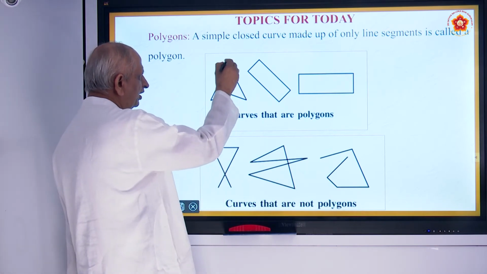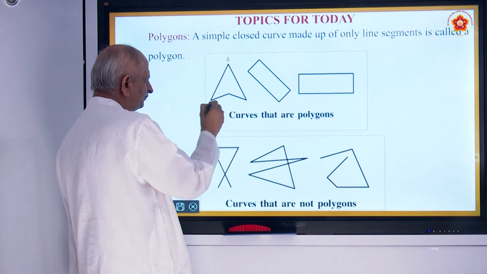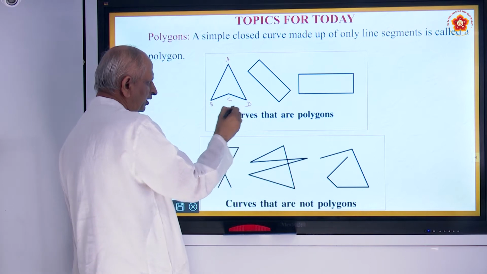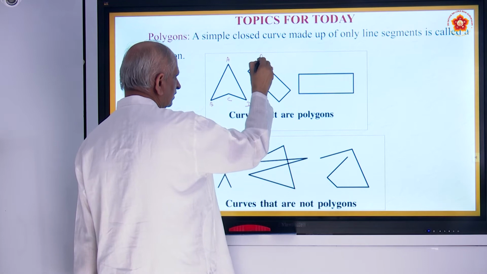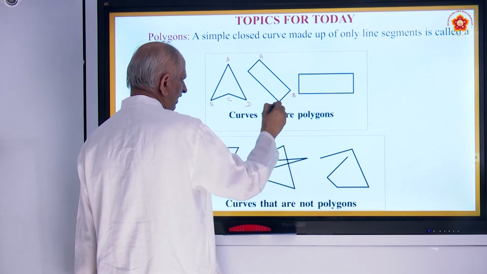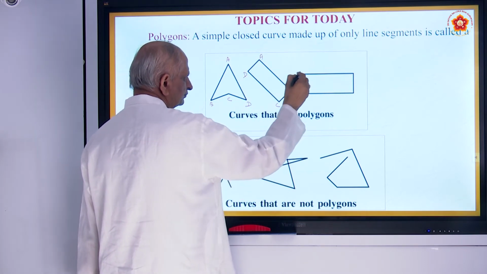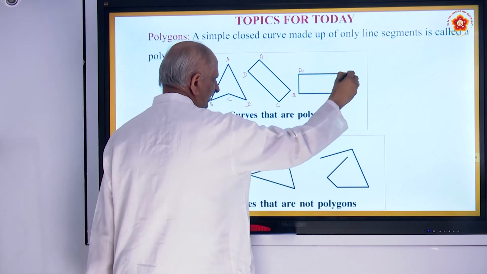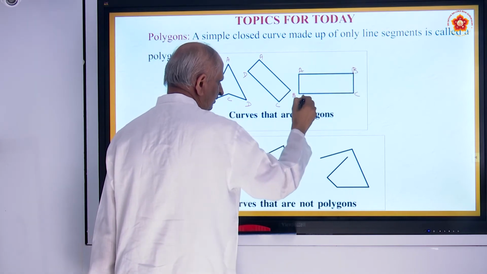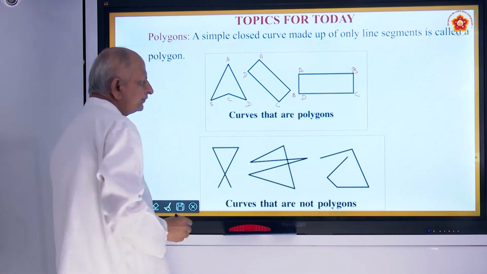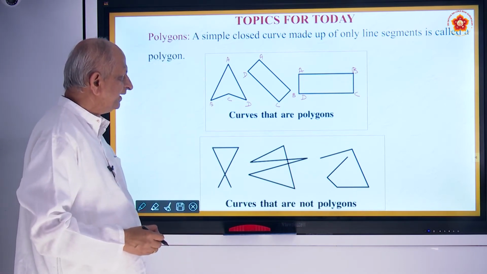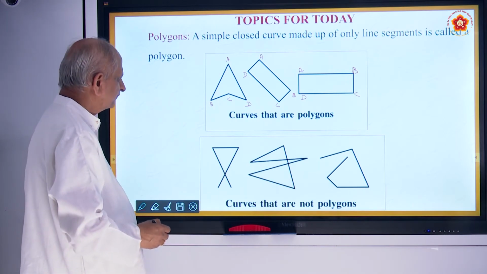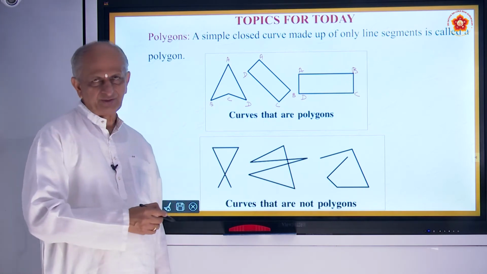So here they are called polygons because, of course, this is called a concave polygon. This is a rectangle. These are the 4 vertices of a rectangle once again. So they are made up of line segments. That is what you can see.